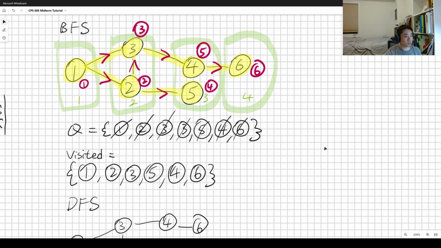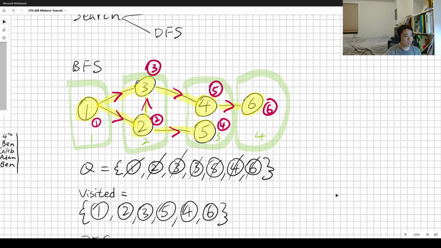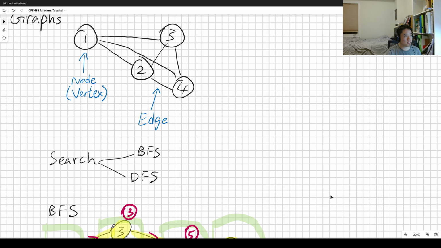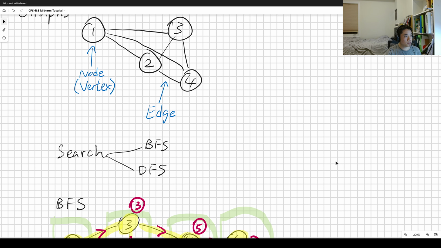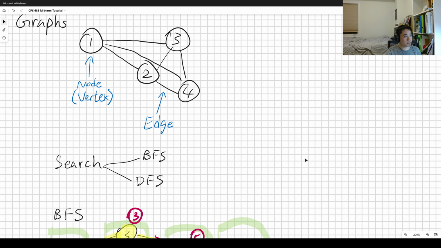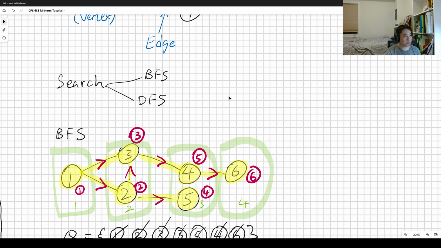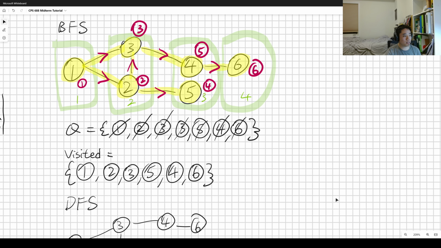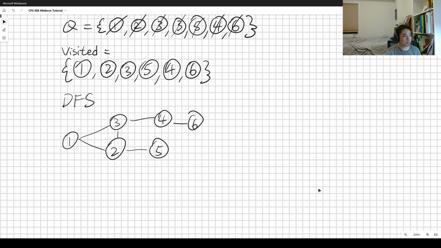Can you scroll the screen a bit up? So for you, Ishan, this is just graphs, and this is just me labeling nodes and edges, and there are two ways to search, BFS and DFS. We have just finished BFS, so I'm going to scroll this up a bit.